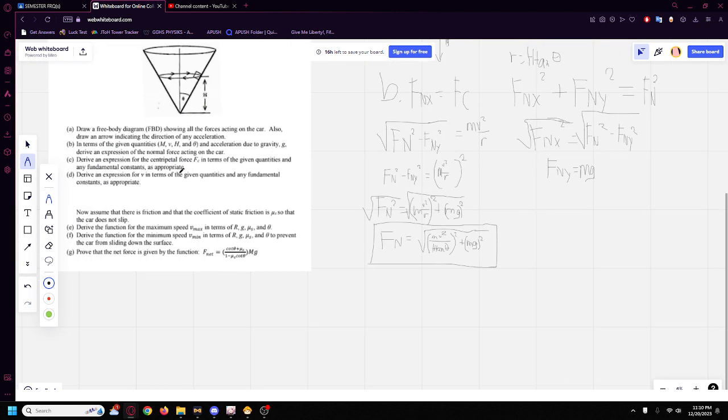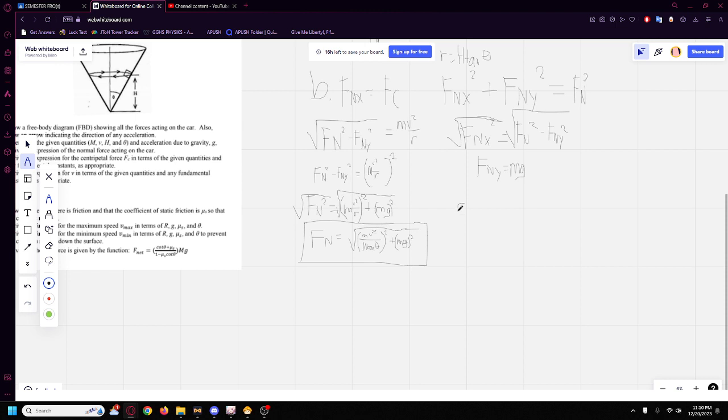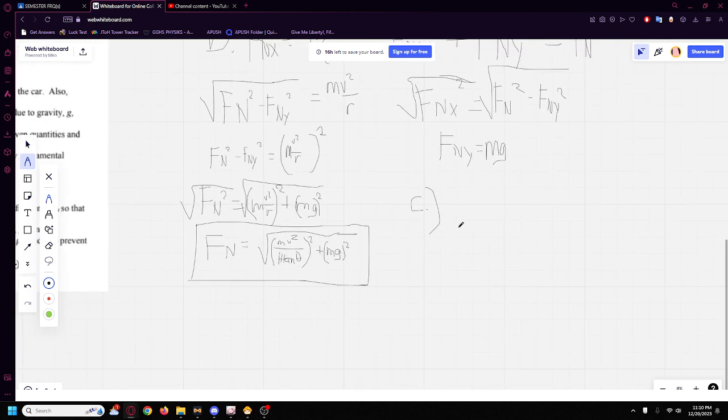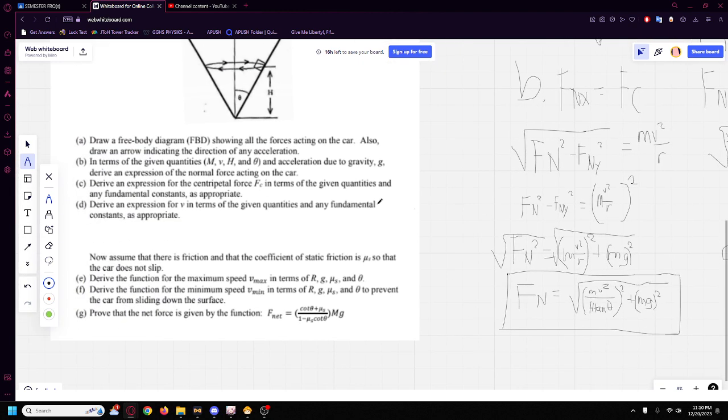Okay, part C asks to derive the F_c function.